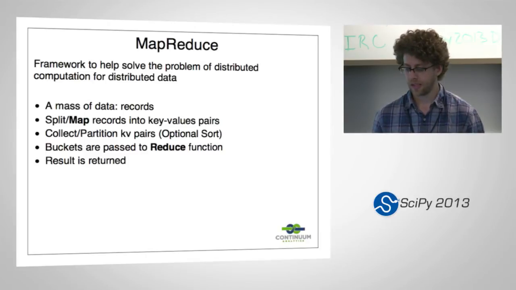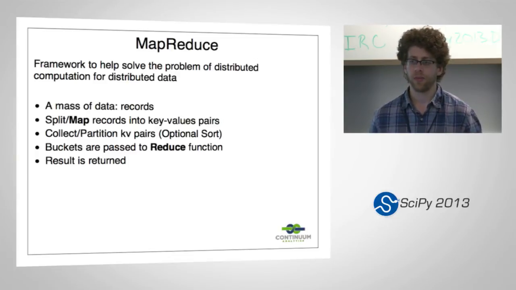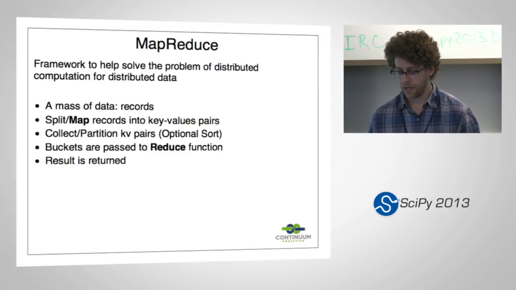And in this case, the value could be any number of things, but the main point is that all the keys of the same kind get put into the same bucket, and all those buckets get operated on by the same reducer. So you're pushing code to where the data is, not pushing data to where the code is.